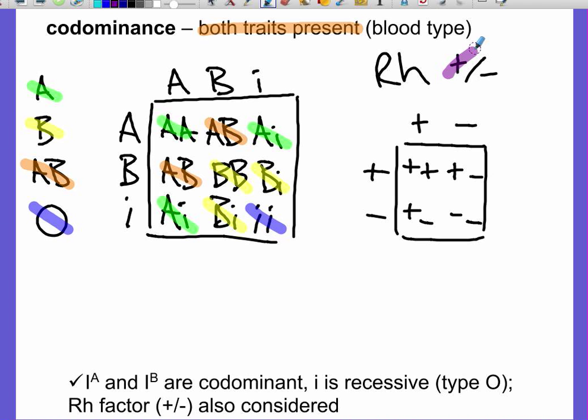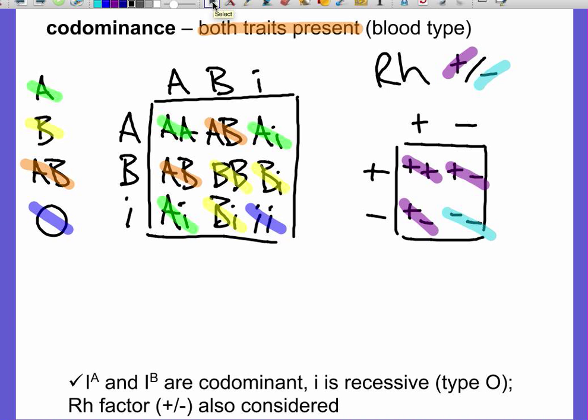Positive is going to show up when you're homozygous for that trait, but also when you're heterozygous because positive is dominant. Whereas the only way you could be negative is if you have those two recessive alleles for that negative Rh factor. So this slide is just trying to put together all those different possibilities.